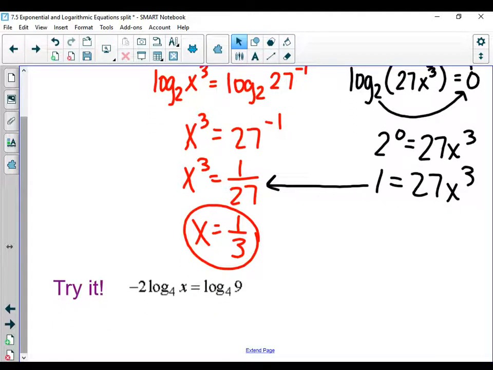Try this one that's down here. I know some of y'all are still writing that stuff down, so I won't scroll all the way. It's -2 log base 4 of x equals log base 4 of 9.